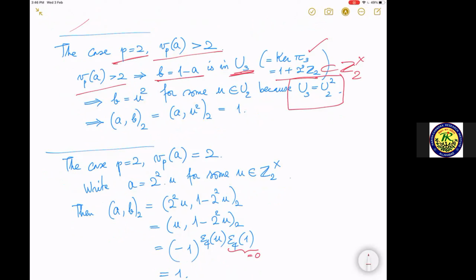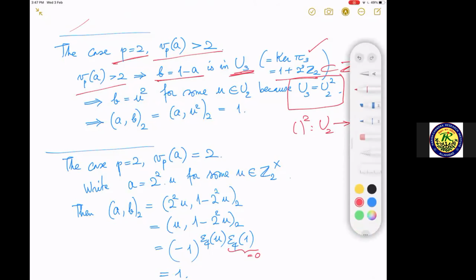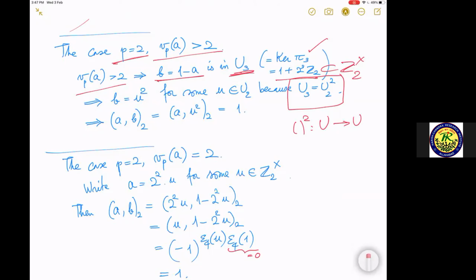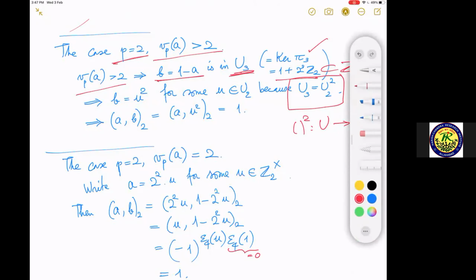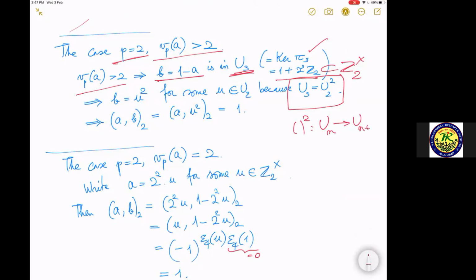Remember, this squaring map took U2 to U3, or in general, it takes UN to UN plus 1 for every n greater than 2, right?